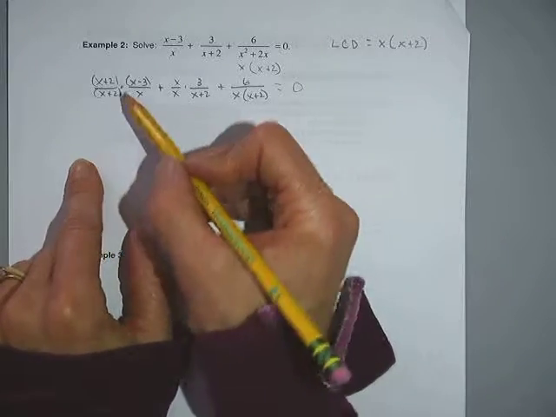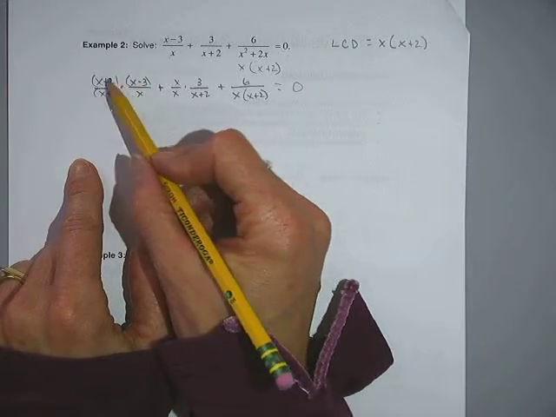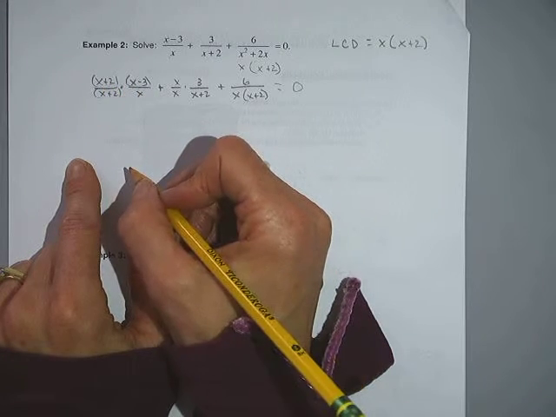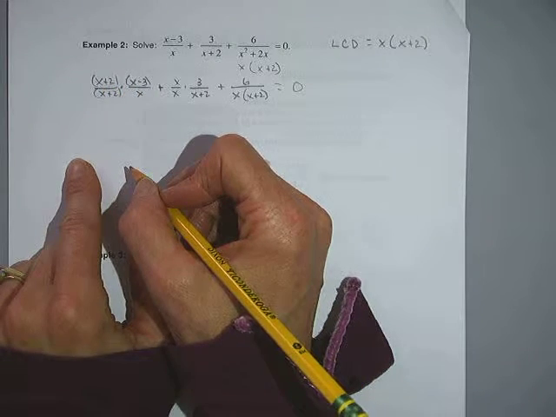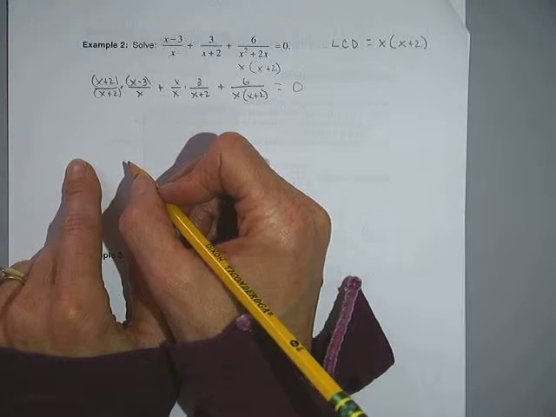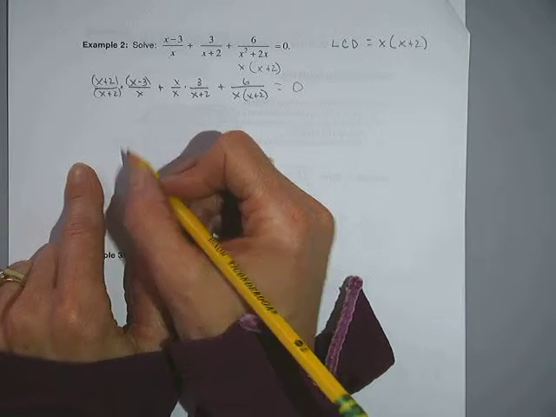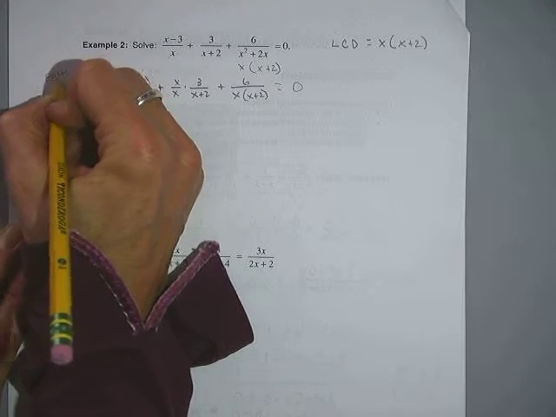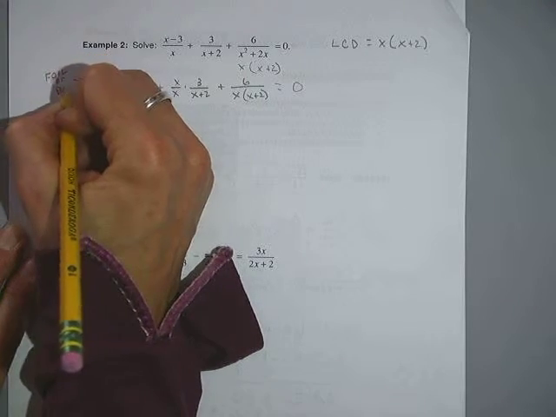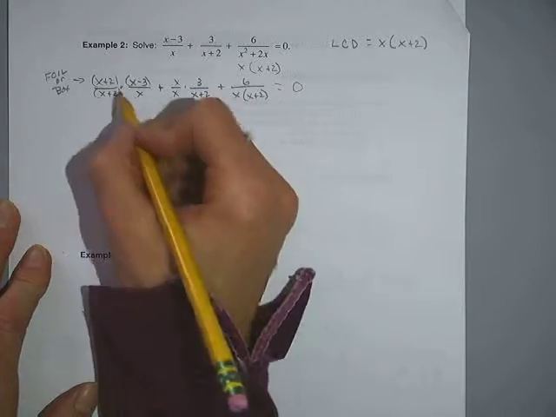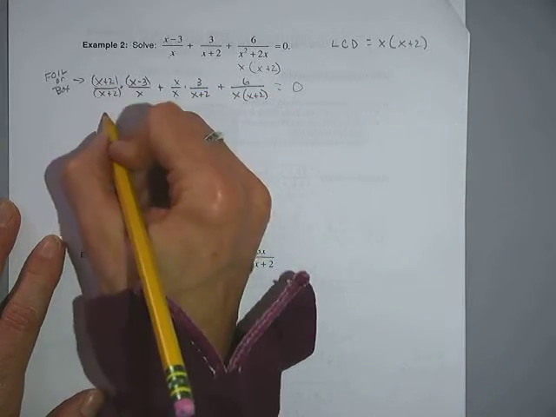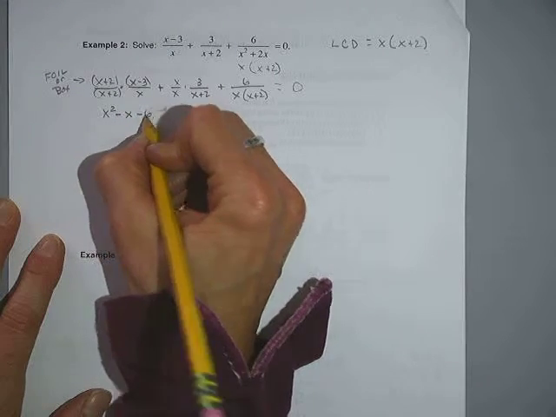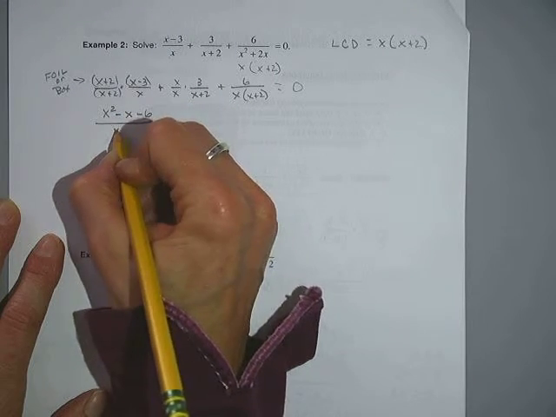All right? Now, how do I multiply these two? What method am I going to have to use to multiply this times this? I'm going to have to either FOIL it or use the box method. Okay? All right. So if I do multiply those two, I'm going to get x squared minus x minus 6.